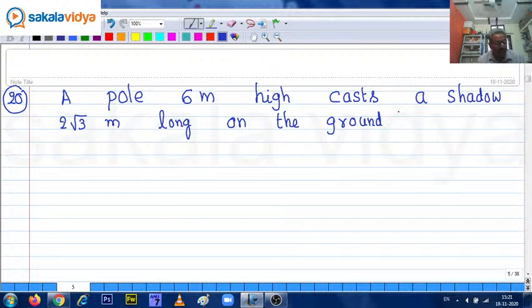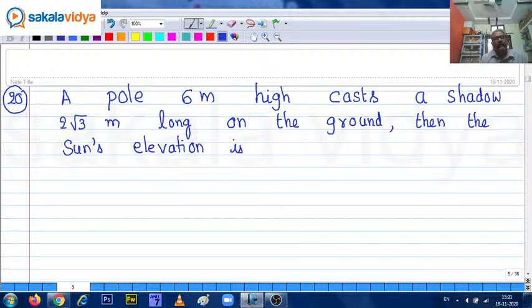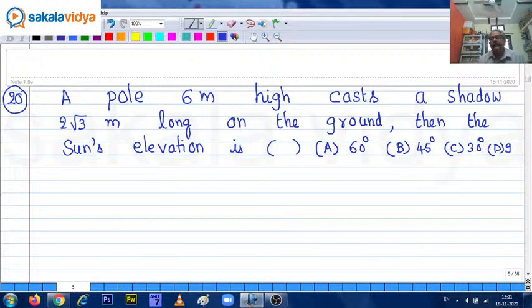So now I will check how many of you will give the correct answer. Then the sun's elevation is: A 60 degrees, B 45, C is 30, D 90.